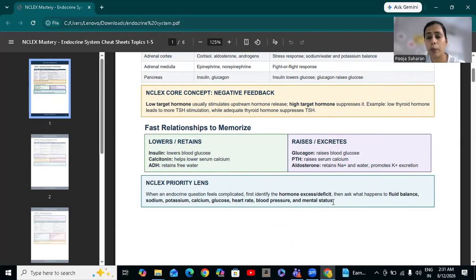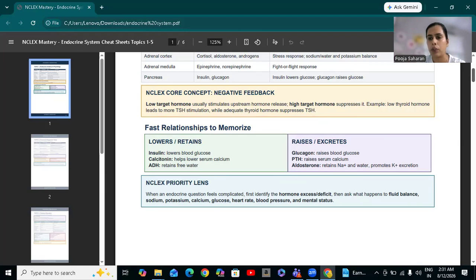Later on we will talk about where we need to give priority to seizures, and where we will see the calcium level. So you need to make a relationship between the things. Then only you will be able to crack the NCLEX question very easily. It's not that difficult, but you must have critical thinking about it.